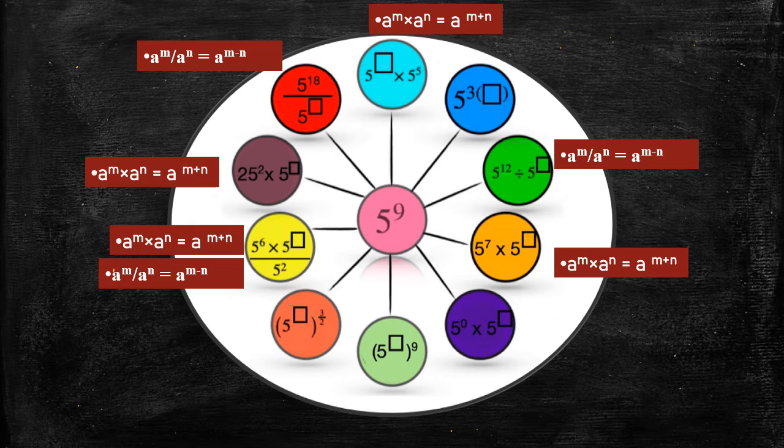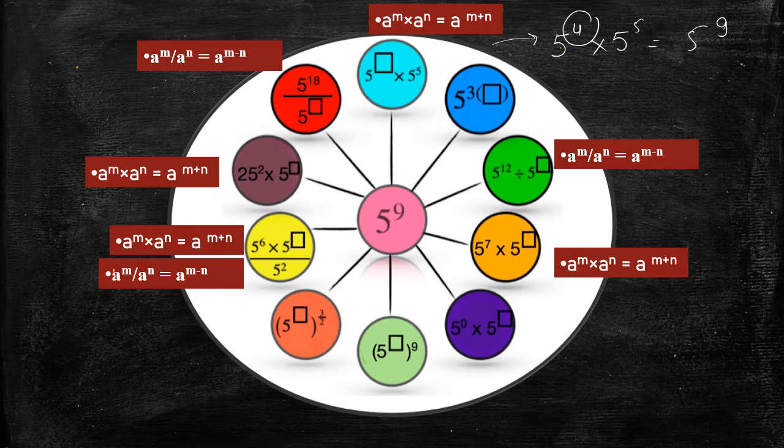Coming to this one, 5 raised to the power something multiplied by 5 raised to the power 5. Since it's a product of two powers, we just have to add the powers. So this will give us 5 raised to the power 4 multiplied by 5 raised to the power 5, so as to get 5 raised to the power 9.